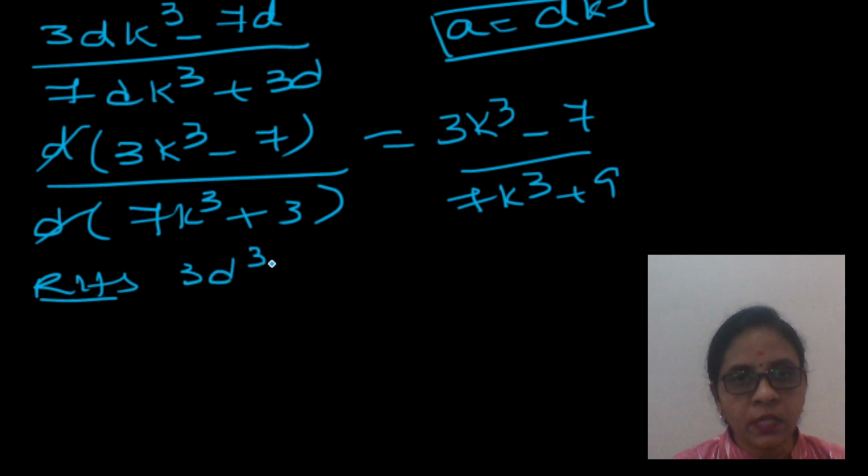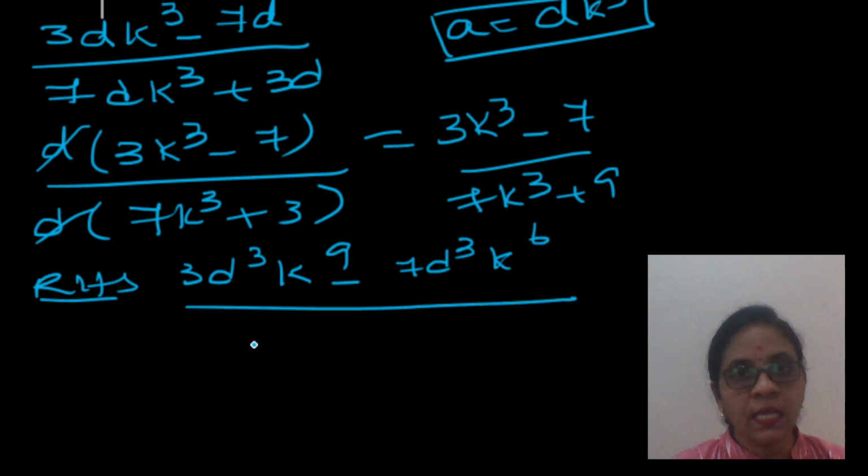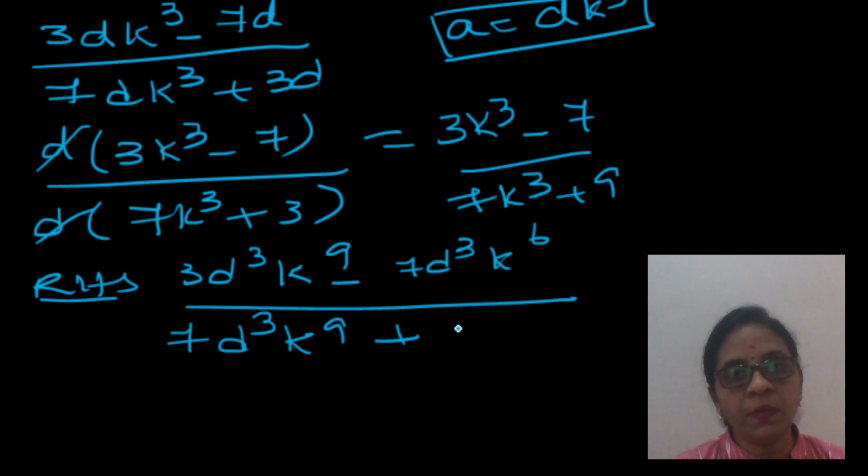So it becomes d cube k power 9 minus 7b cube. b cube is d square k square cubed, so it becomes d cube k power 6, by 7a cube.